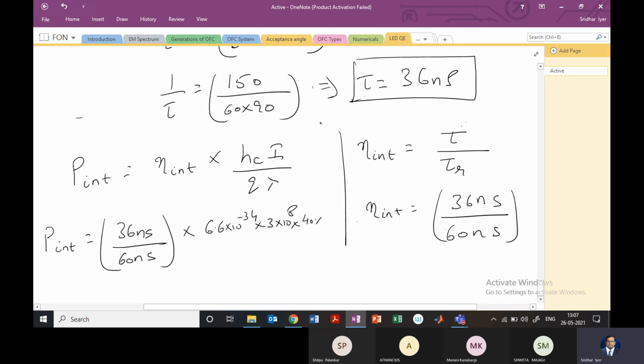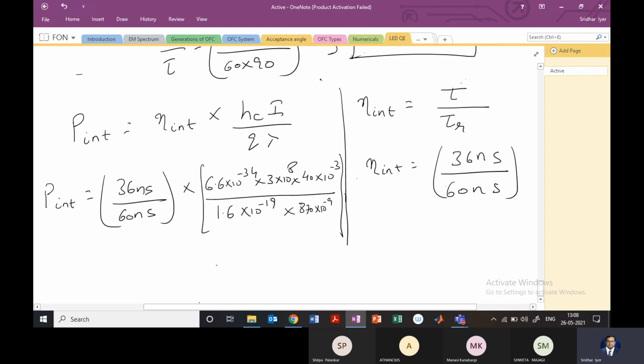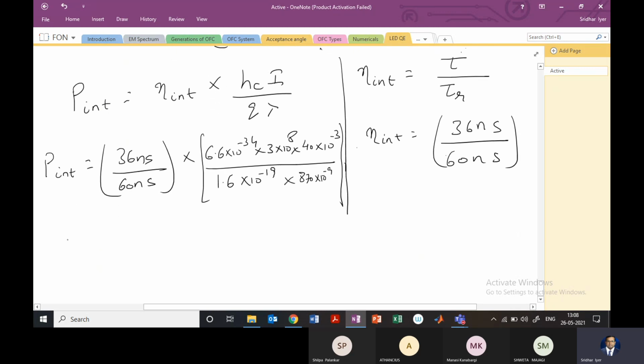So you'll get 40 into 10 raised to negative 3 divided by q, which is 1.6 into 10 raised to negative 19 into lambda, which is 870 nanometers. So you'll have 870 into 10 raised to negative 9. Right? So we can calculate this and we'll get our power value.